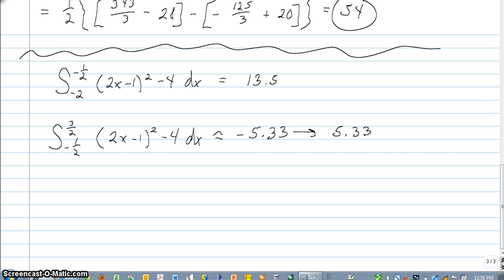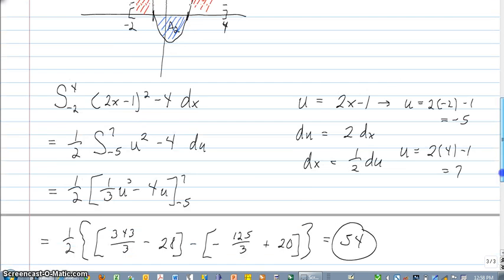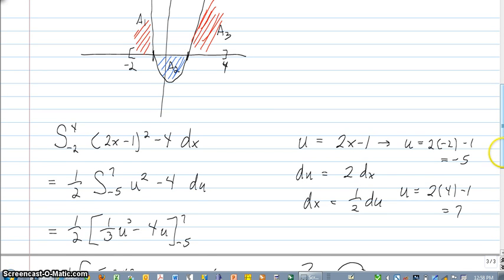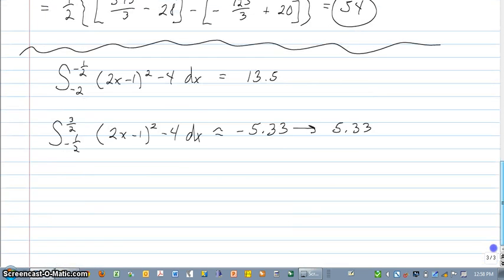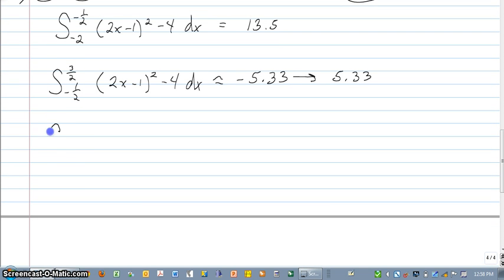Then finally we do the integral from 3/2 out to 4 of the function, and again, if we approximate that, we should get 45.83.